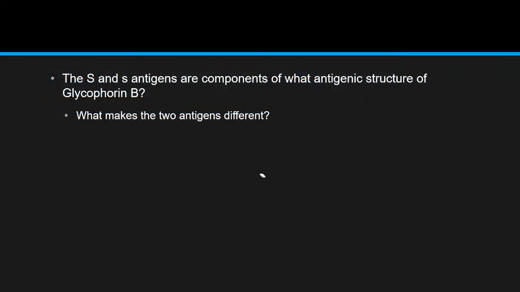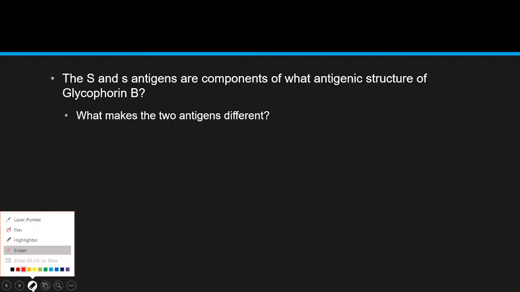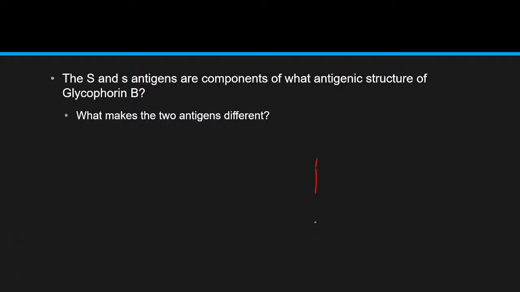Now, the big S and the small s antigens are components of a larger molecule in glycophorin B. This is known as your U antigen. The U antigen is the precursor or the base molecule for the S antigens, the small and the big S. Structurally, both of them are the same, both carry the U antigen.